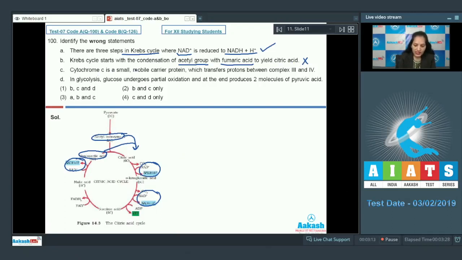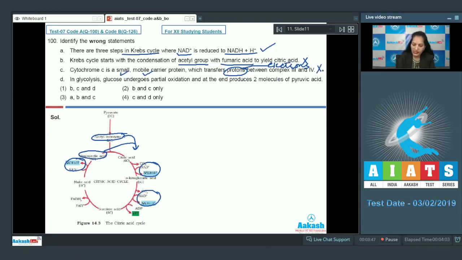C. Cytochrome C is a small mobile carrier protein which transfers protons between complex 3rd and 4th. During ETS, you must have seen that there is a cytochrome which is called cytochrome C, which is a small mobile carrier protein, but it transfers electrons between complex 3rd and 4th, not the protons.